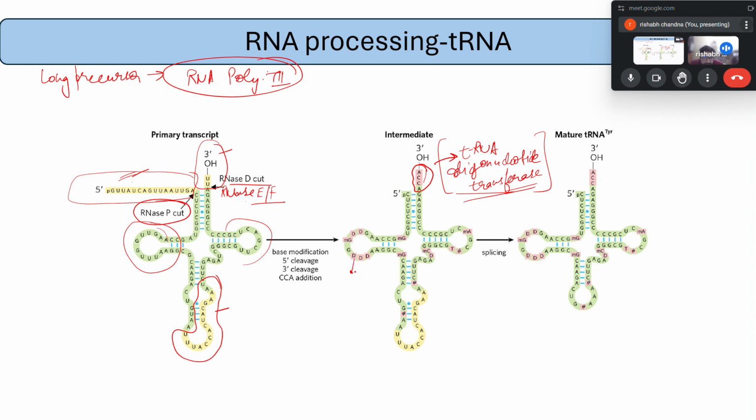So here the first base is dihydrouridine, and at various places a methyl group is also added on the guanine, cytosine, and adenosine residues, and this is pseudouridine.